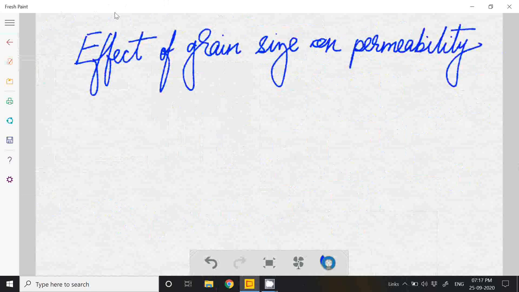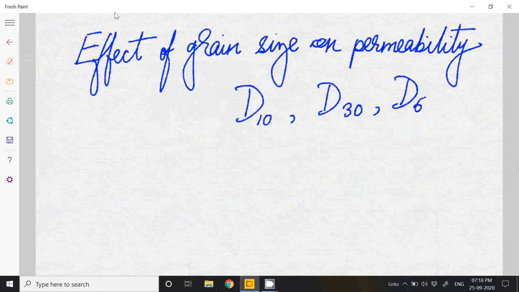Now, for grain size we mainly deal with D10. What is D10? I know you have come across these terms D10, D30, D60, isn't it?